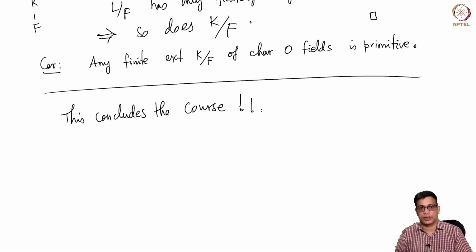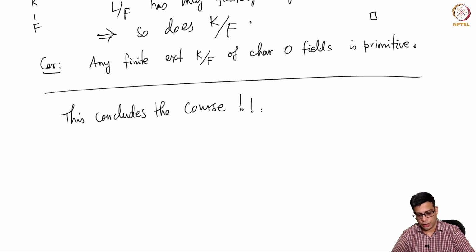And then we ended the course by proving that any polynomial with coefficients in a subfield of the complex numbers, if the polynomial has degree 1, 2, 3 or 4, is solvable, meaning all the roots can be expressed using radicals and elements of the base field. But the same is not true for degree 5 and higher. We produced polynomials of degree 5 and in general of any higher degree which cannot be solved by radicals.